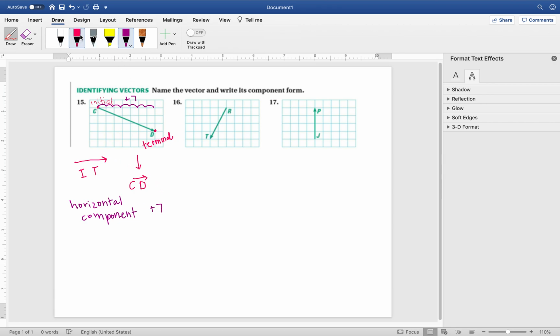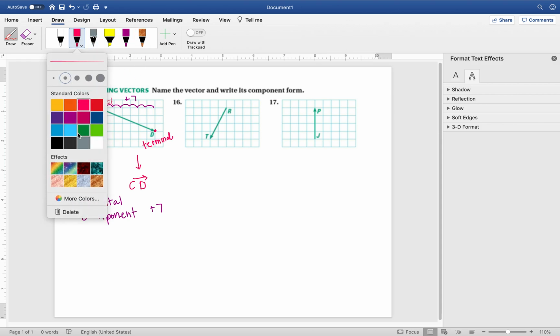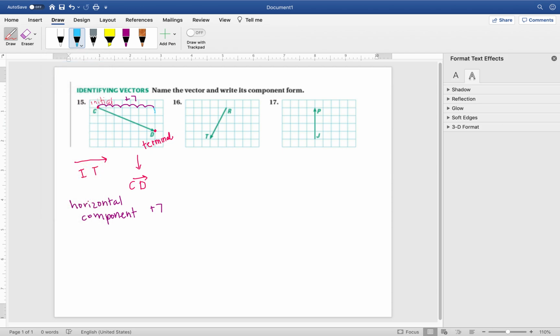Then I'd have to worry about my vertical component. Now I go 1, 2, 3. And because I went down, it's negative 3. So this vertical component is negative 3. Then you'd write this as 7, negative 3. Okay, so that's one example.